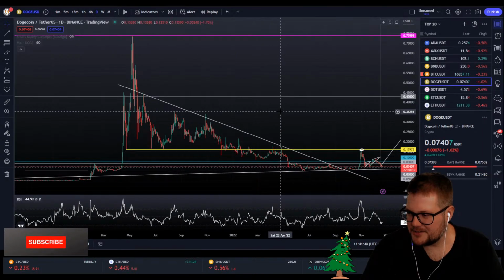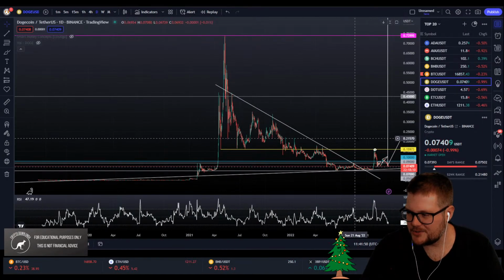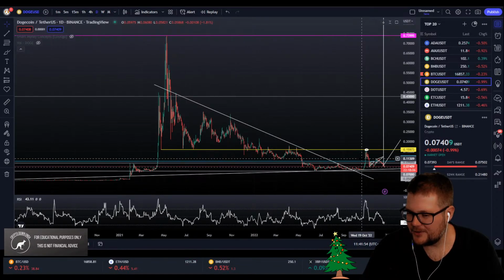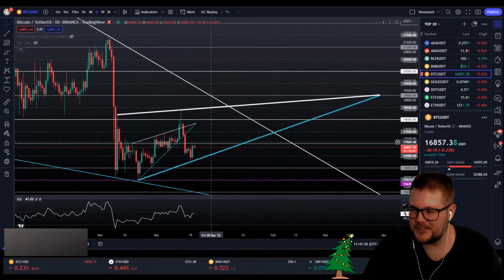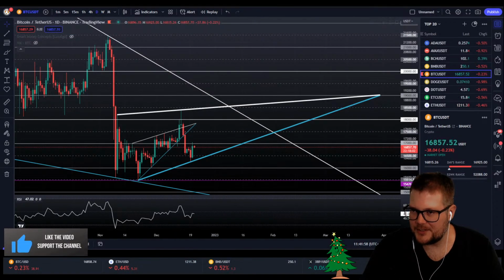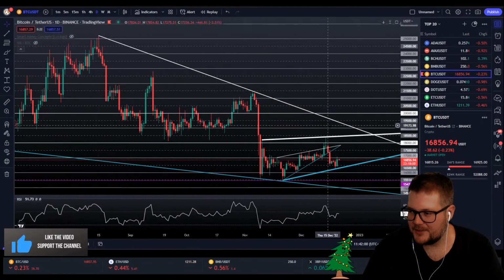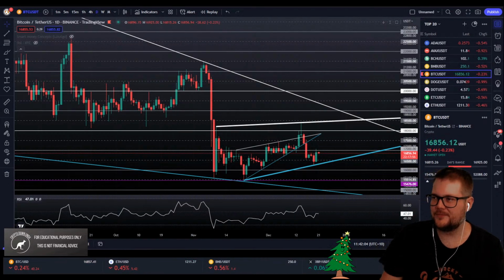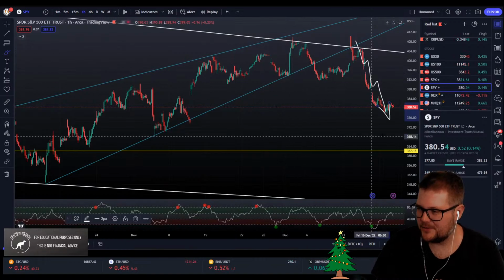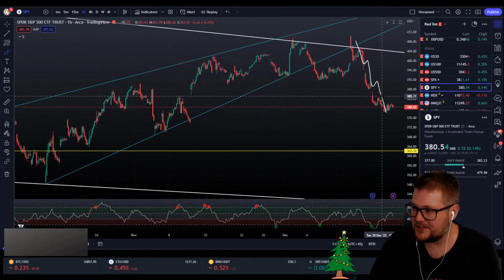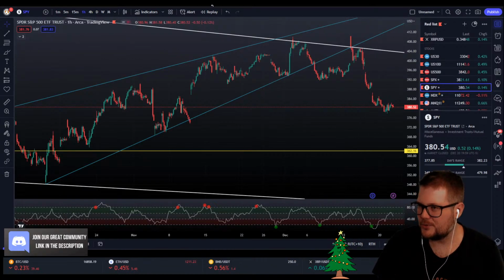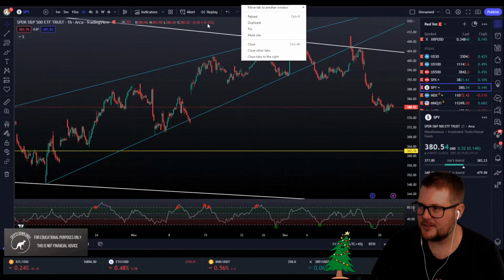So that's Doge, guys. There's no sign of a full turnaround just yet. I think Bitcoin is going to be the one that calls the shots with that. And the thing that calls the shots with Bitcoin is obviously the traditional markets and how inflation's going, the overall economic outlook.